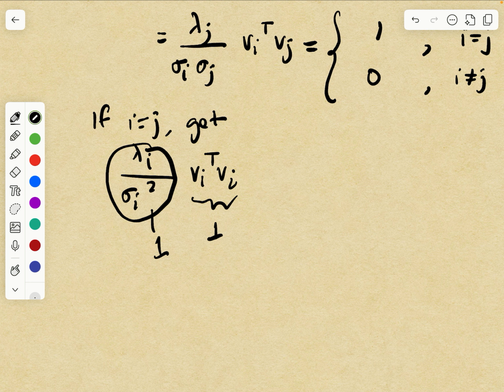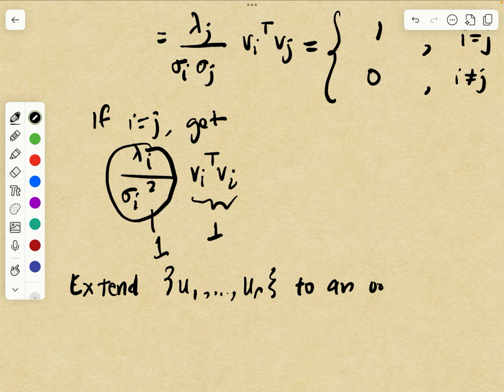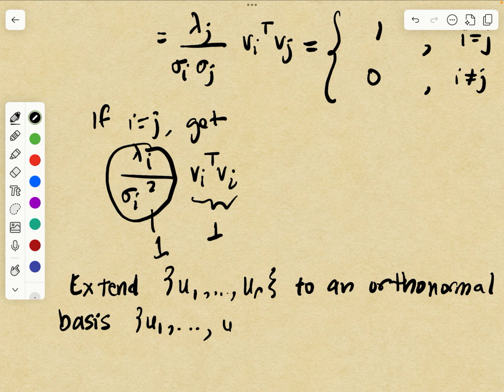What we can do is extend the set U1 through UR to an orthonormal basis U1 through UM of Rm. Why can we do this?